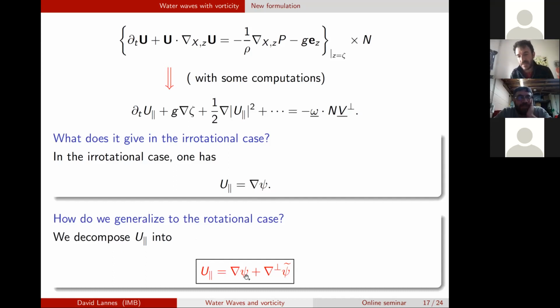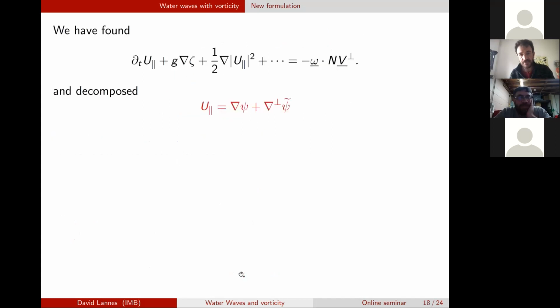Psi is defined by the fact that grad psi is the gradient component of u parallel, and u parallel is essentially the horizontal component of the tangential velocity at the surface. Okay. And so I want to obtain an equation on psi.